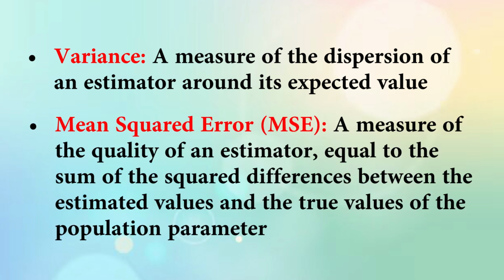Mean squared error, a measure of the quality of an estimator equal to the sum of the squared differences between the estimated values and the true values of the population parameter. The mean squared error is abbreviated as MSE.